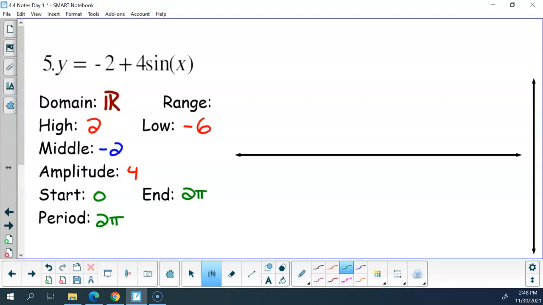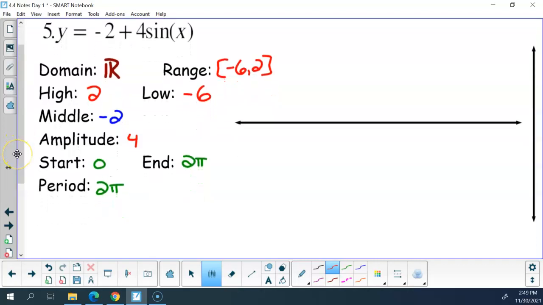Any questions on that? Oh, I forgot the range. -6 to 2. I didn't do it because I just literally forgot about it. That was my only reason.